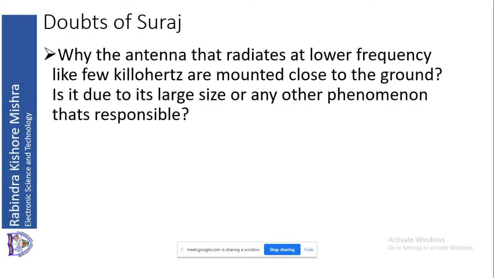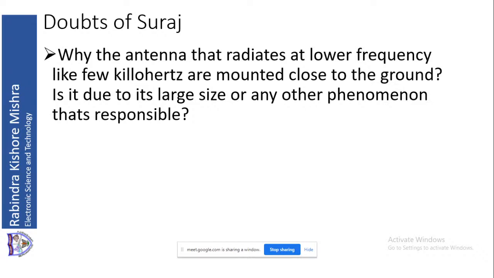So it will be a pair of sources, one above the ground, one below the ground, at the same distance. If you have this antenna above the ground, then below the ground there will be another antenna, and you can imagine that there is no ground but two antennas which are out of phase to each other, because the image will be out of phase. So these two antennas are out of phase, and it forms an array.